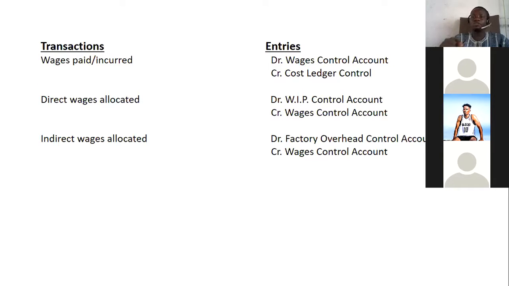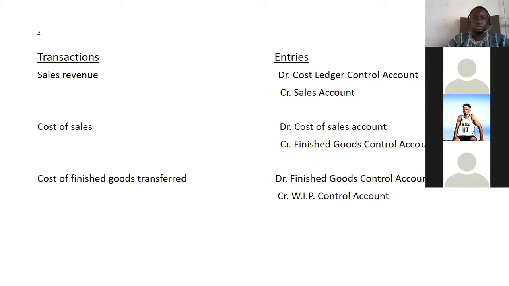So you are not going to have balance b/d, balance c/d when closing up the wages account. The difference goes to the cost ledger control account. You get it? These are some of the major entries that we'll have to look at. Then let's move on to our next slice.